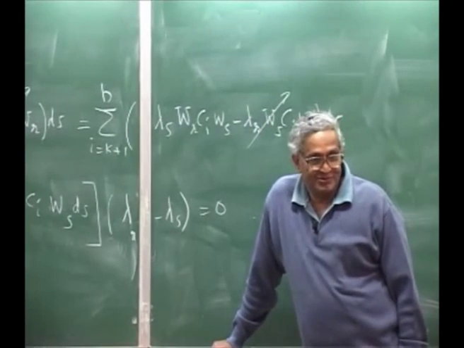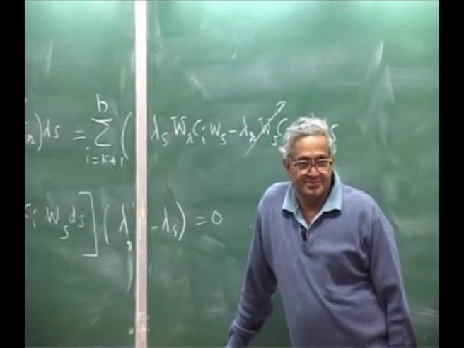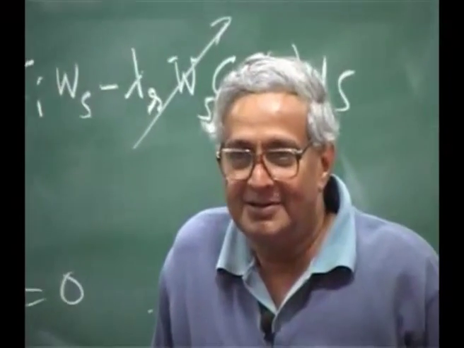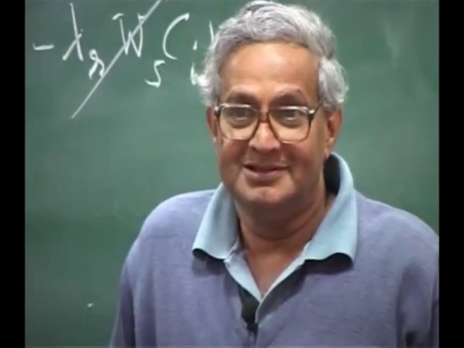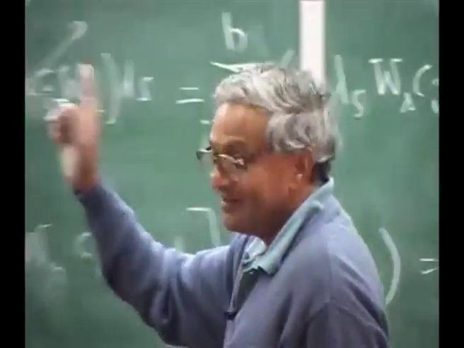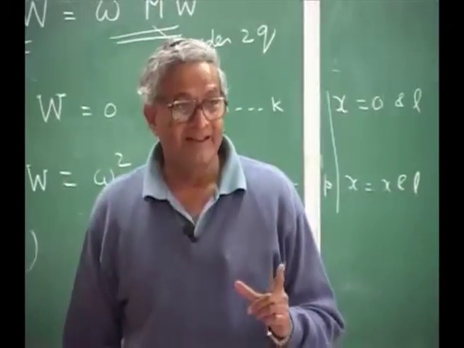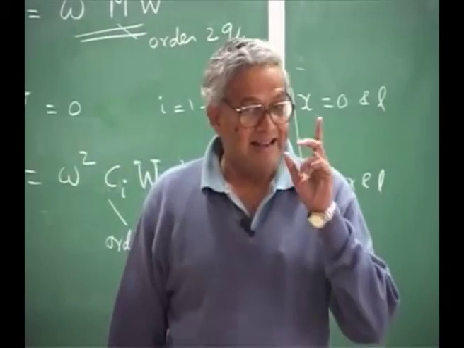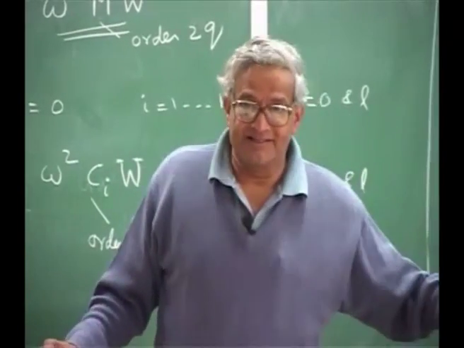But suppose you have repeated eigenvalues, then what will happen? Then for this self-adjoint positive definite system, you can have distinct eigenfunctions.